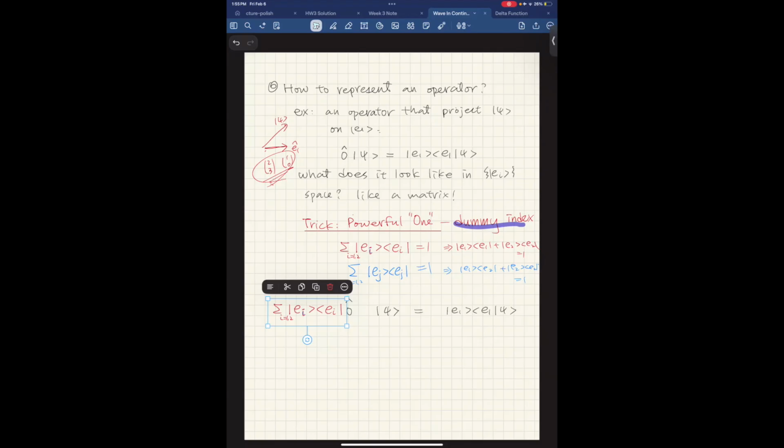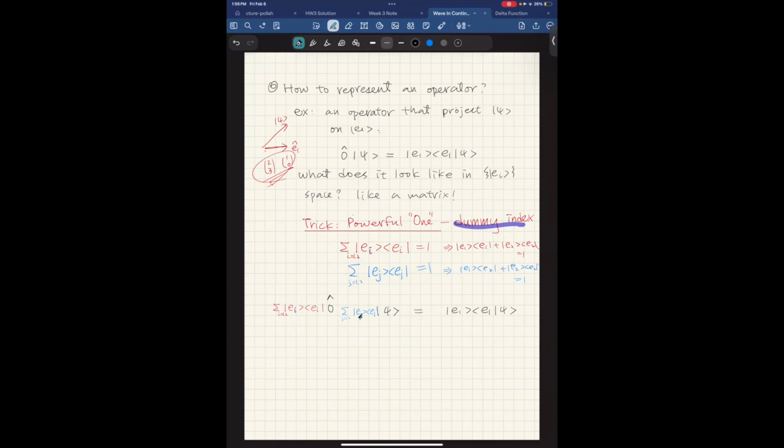Okay, so similarly, I'm going to choose another 1 with another dummy index. I'm going to put it here. You see, I just put a 1 there, and it should not affect my answer. And I intentionally chose I and J. They are 2 different dummy indices.